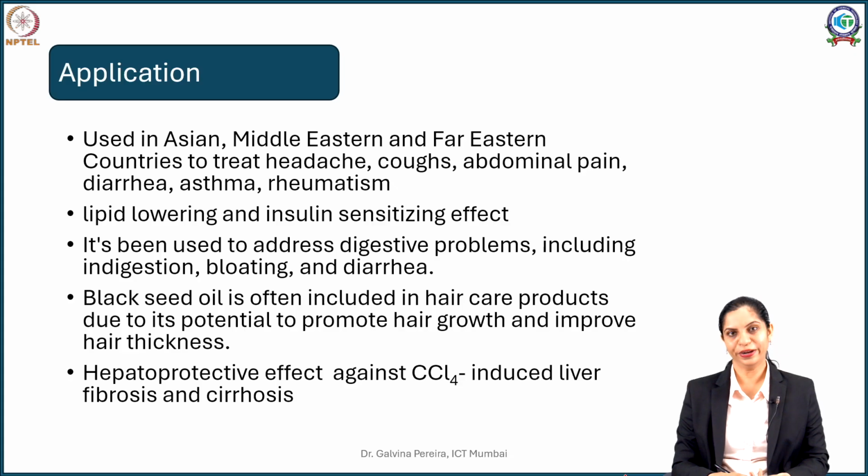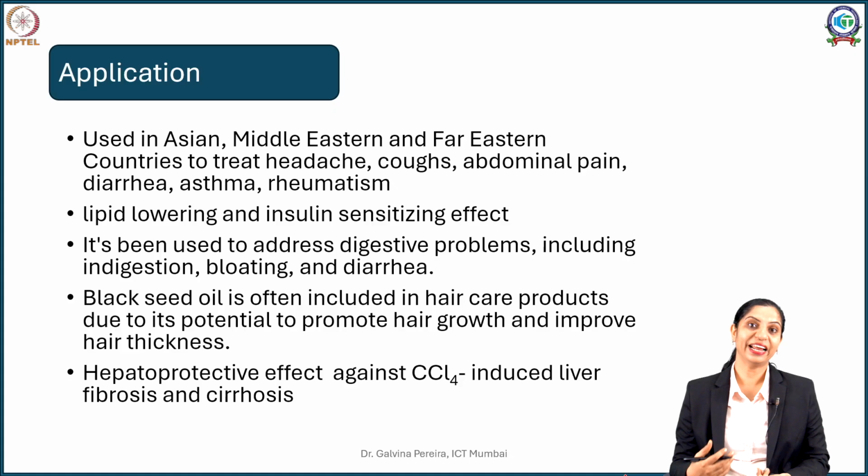The kalonji oil or black seed oil is nowadays included in hair care as onion seed oil. Synonymously it is put in, and it has a good potential to promote hair growth. So one way, internal consumption for lipid lowering and increasing insulin sensitivity, that is related to your glycemic or diabetic effects or treatment of diabetic effects.